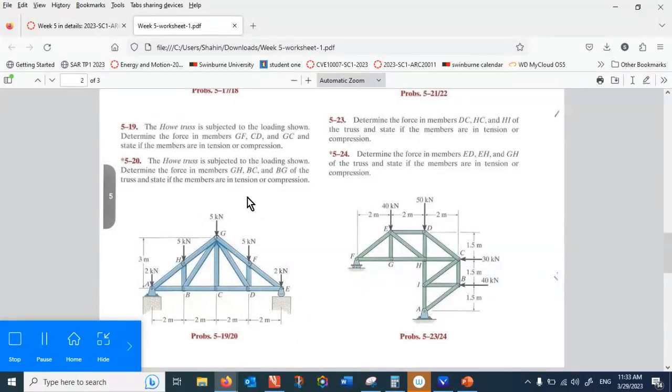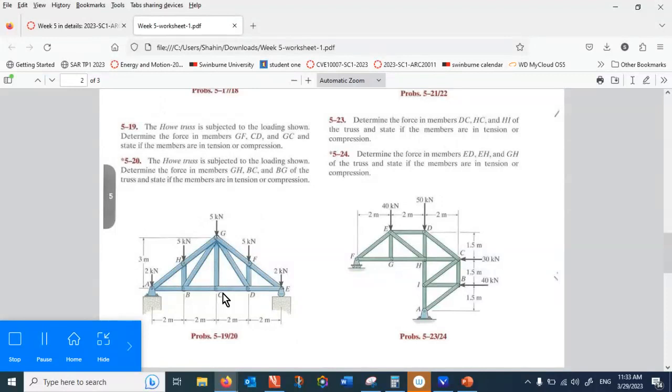Well, GC is a zero force member. Can you see that? Because GC is a zero force member, you only have to find the forces in GF and CD.